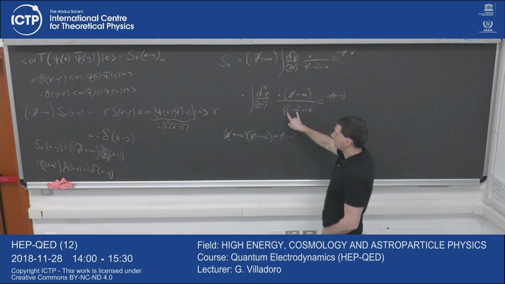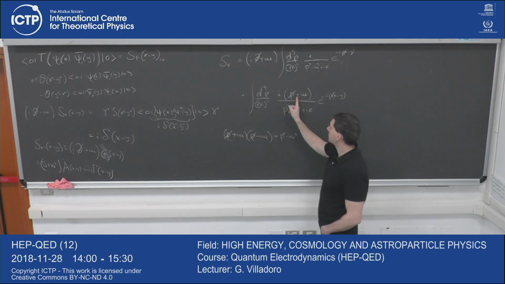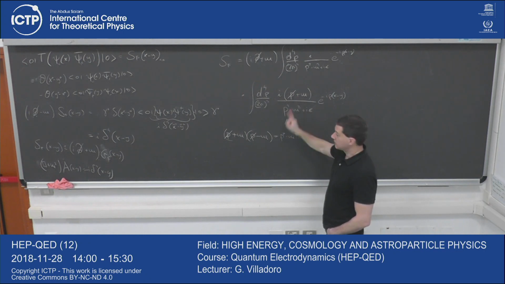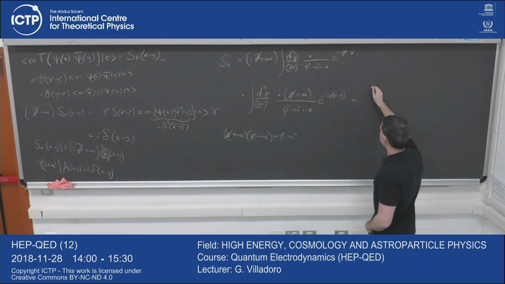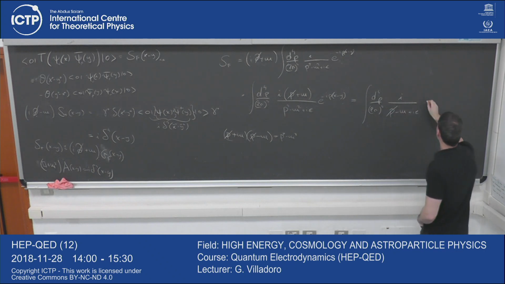And you replace this p squared minus m squared with the product of these two, you can simplify one p slash plus m with the numerator, and so you can rewrite this object here also as i over p slash minus m plus i epsilon, e to the minus i p (x minus y).